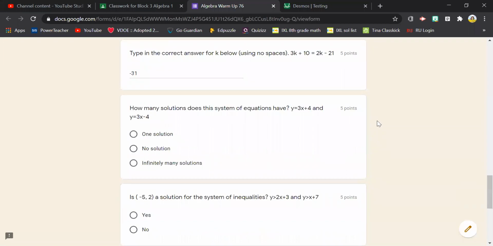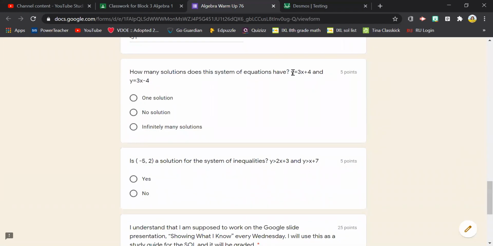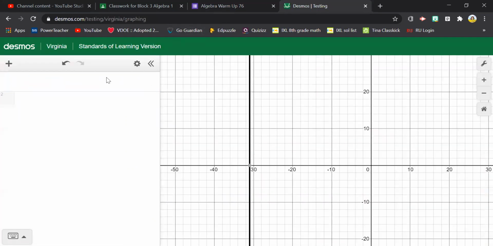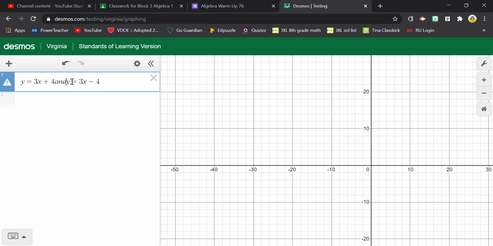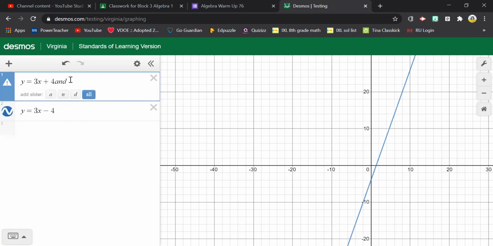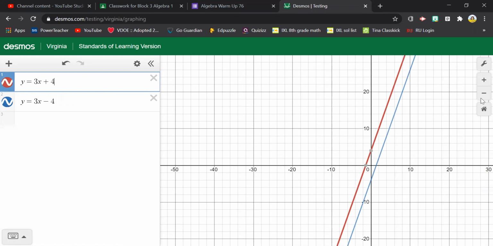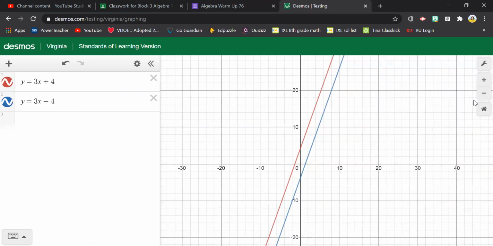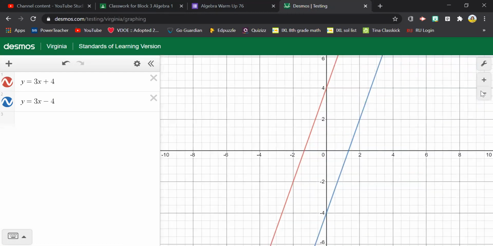All right, how many solutions does this system of equations have? So I'm going to copy this and paste it into Desmos. So remember that in order to have a solution, a system of equations must intersect at some point. Well, here's what my lines look like.